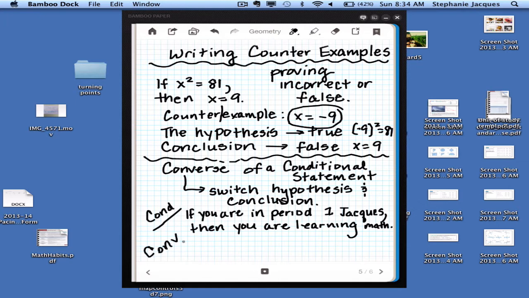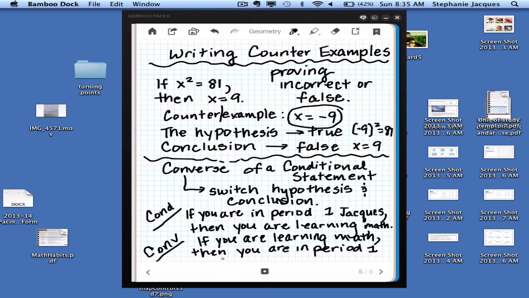So put C-O-N-V for converse. So we're just going to switch our conclusion and our hypothesis. So if you are learning math, then you are in period 1 Jake's.